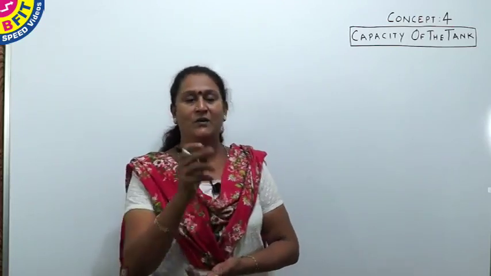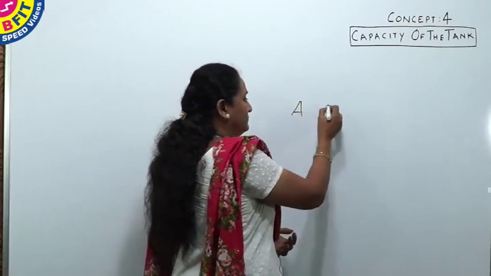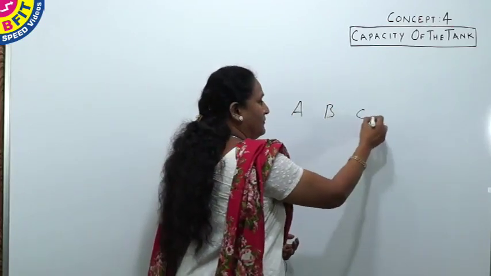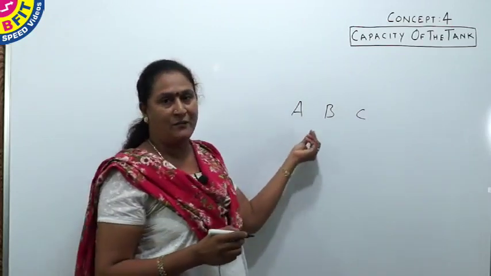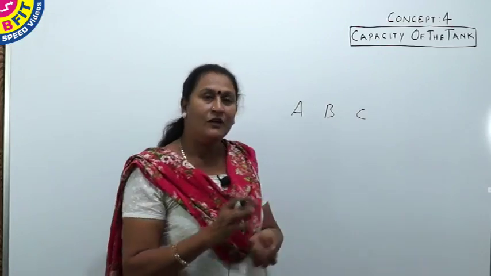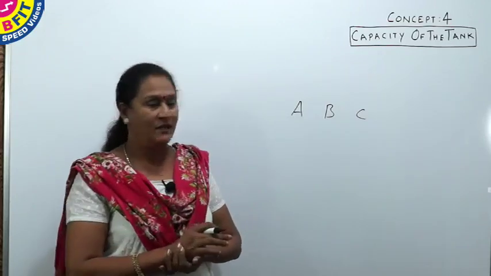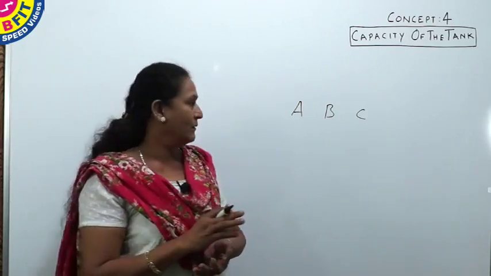Within seconds you can get the answer. So we have 3 pipes A, B and C. Normally time will be there. A fills in 10 minutes, B fills in 15 and 12. We will find the LCM for the assumed capacity and convert all the times to work done and proceed.